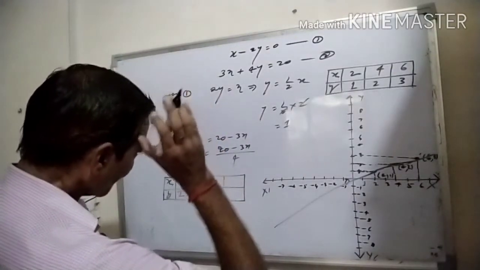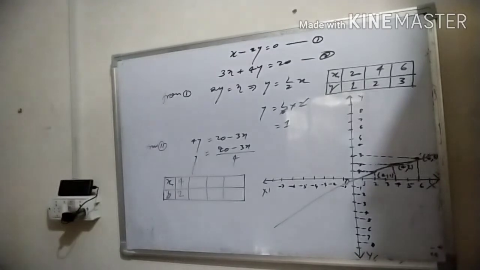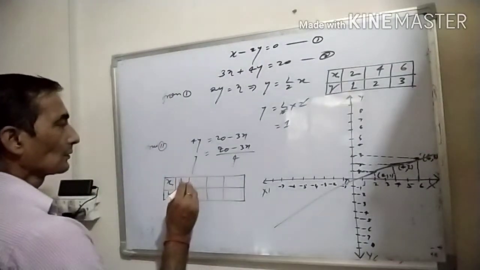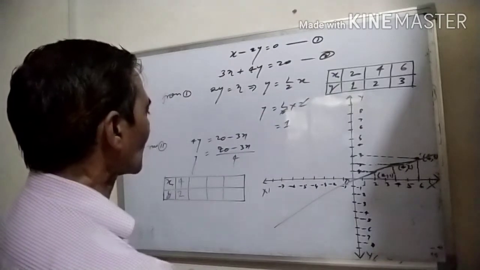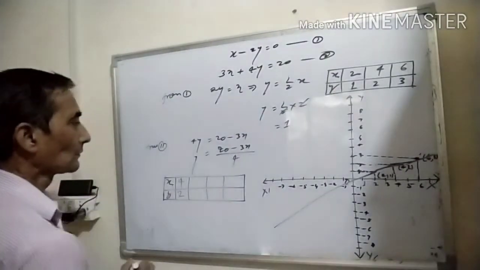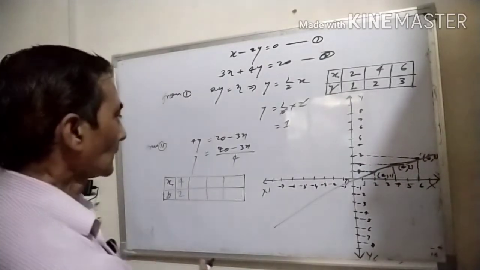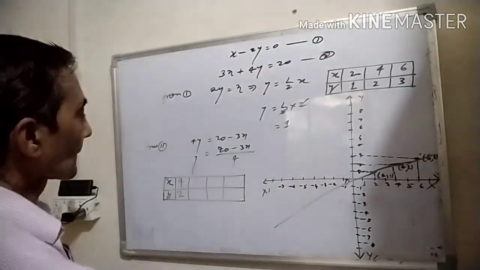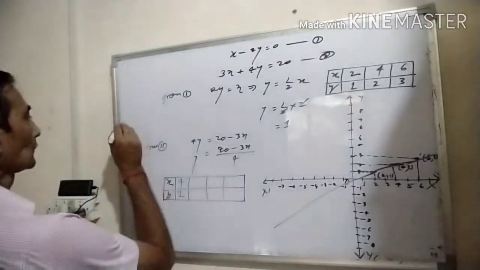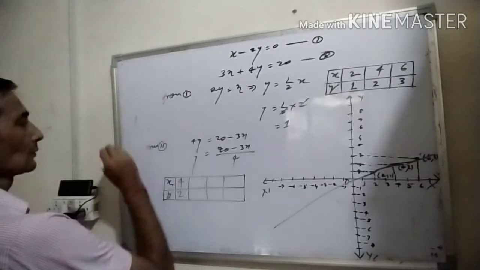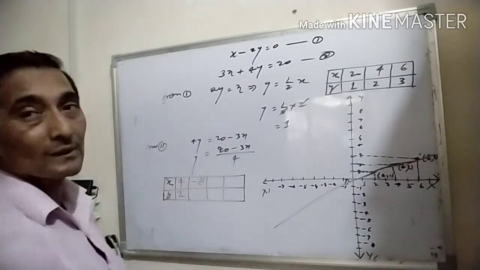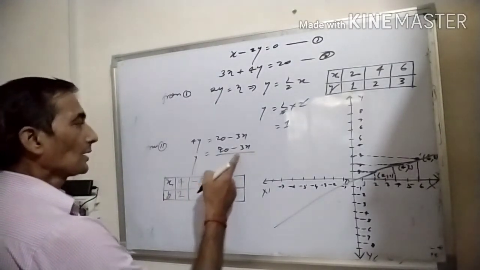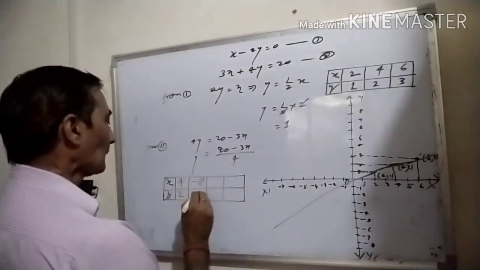And the second point: if you take the value of x as minus 8, then you will get the value of y equal to 8 times 3 are 24, 20 plus 24 is 44, divided by 4 is 11.